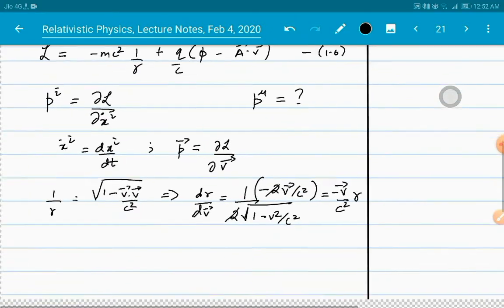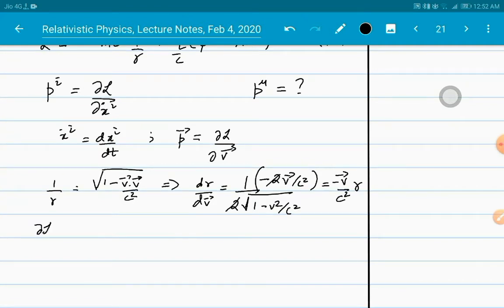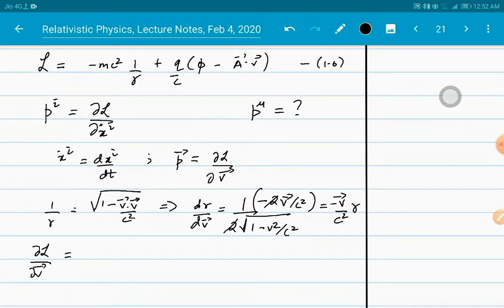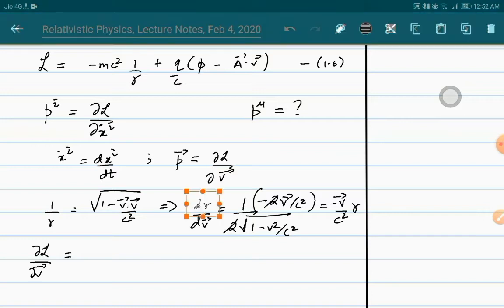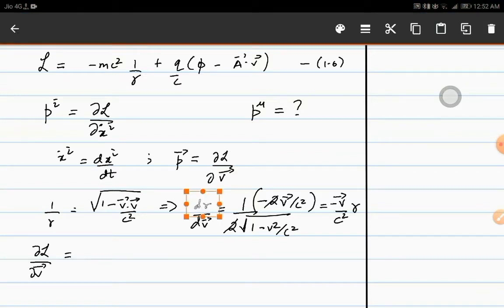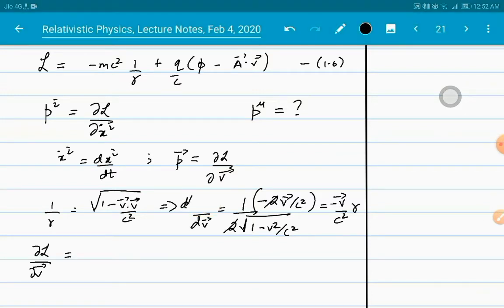And so dL by dv will be equal to, okay, mc squared times v by c squared times gamma.